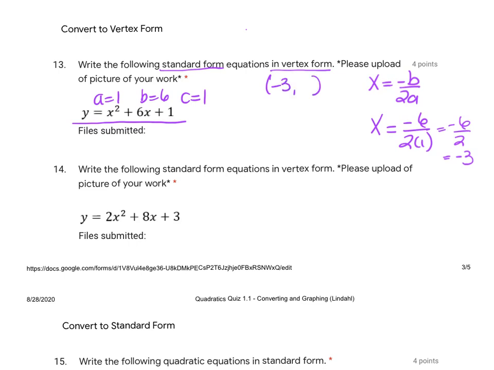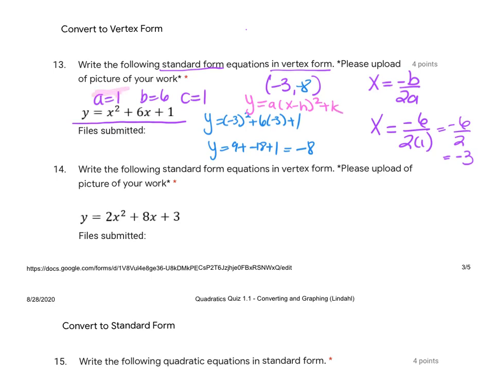Now to find the y, I'm going to take that negative 3 and plug it back in. When I do that, I will get negative 8. So now I want to write it in vertex form. So y is going to equal a times x minus h squared plus k.